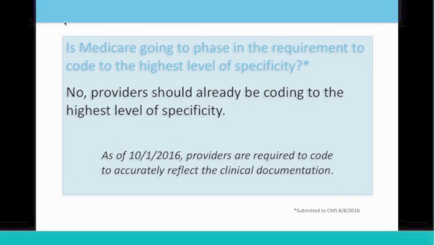So coding to the highest level of specificity didn't just start, it should have always been happening. Now as of 10/1, the code freezes and the lack of reporting unspecified codes are not going to be appropriate any longer. So we really need to be coding as specifically as possible.